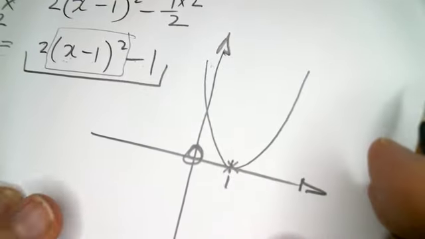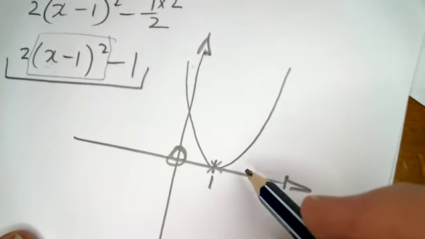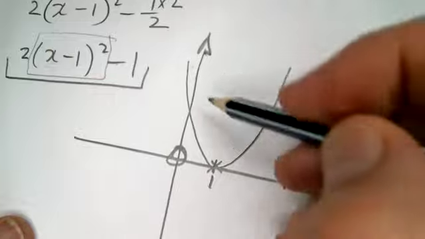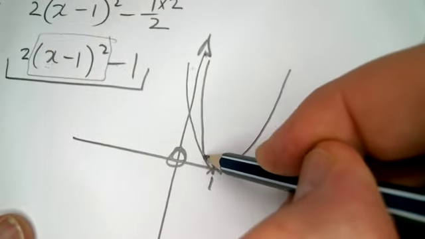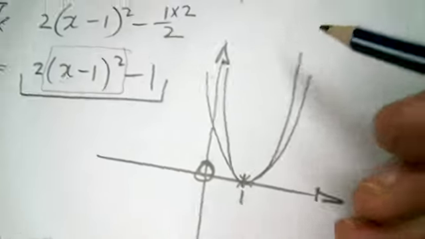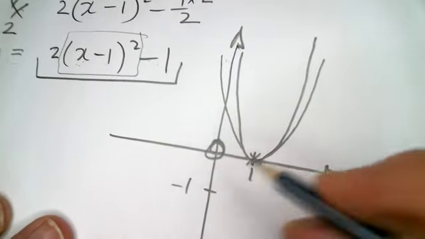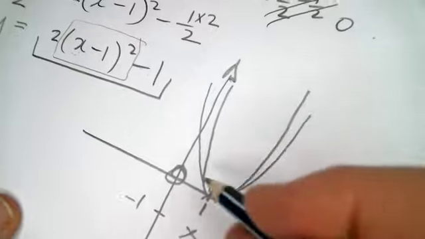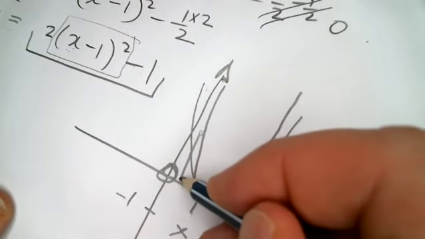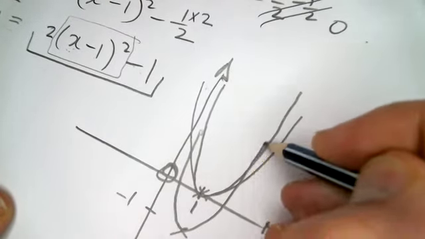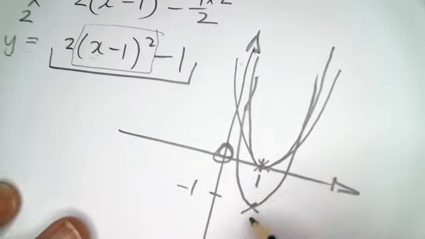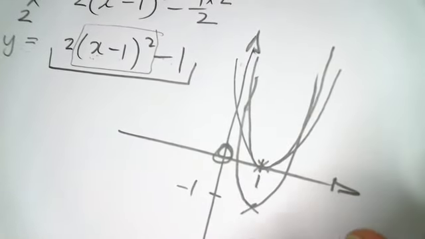Now, the 2 just makes it steeper. It just makes it more like this here, yes? And the −1 means the whole thing is no longer there. It's going to be dragged down to this point here. So that's what the graph actually is going to look like.